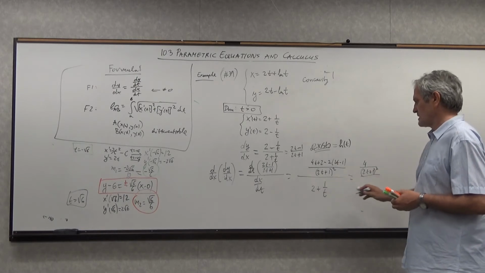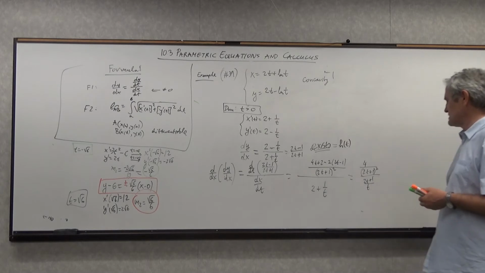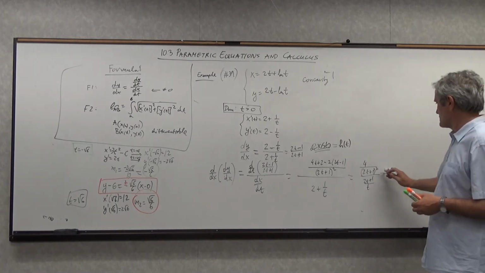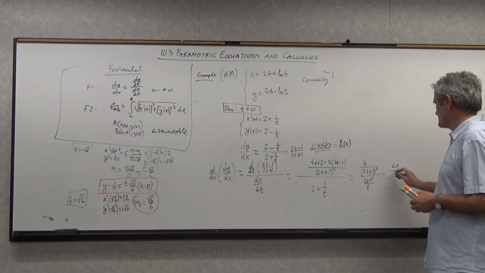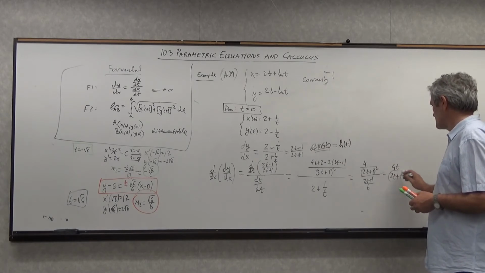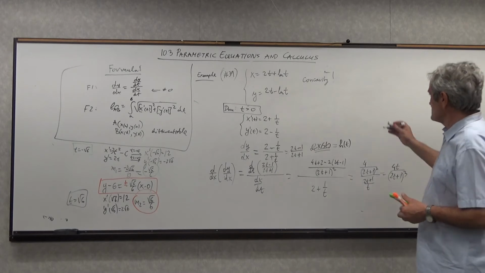Here, if I just make a common denominator, I get 2t plus 1 over t. So altogether, if I multiply by the reciprocal, I get 4t over 2t plus 1 cubed. Here it is. I hope I got it right. Yes, I did. And then if I discuss concavity, it's trivial.